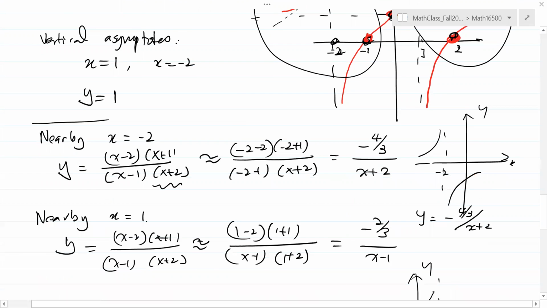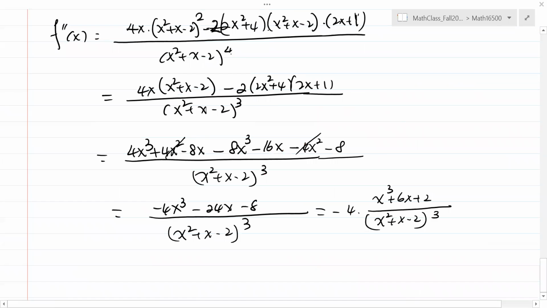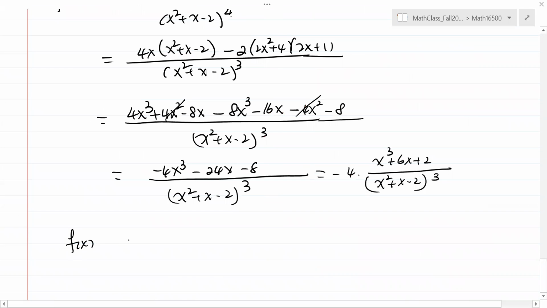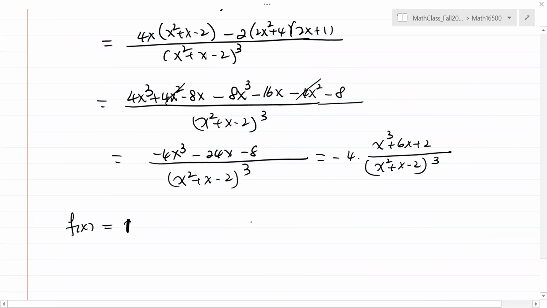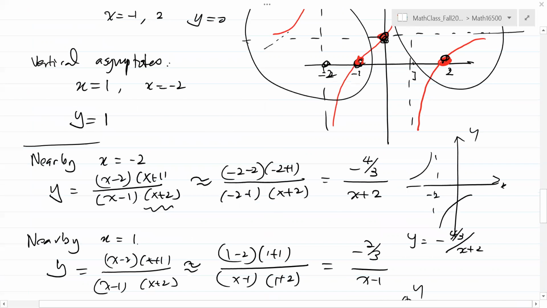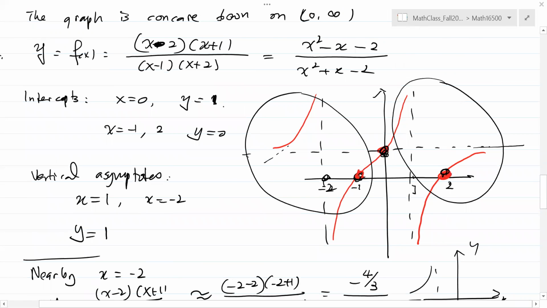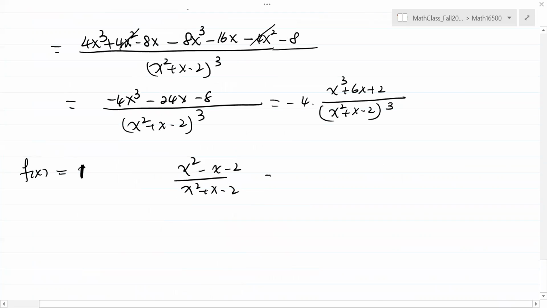all I have to do is see if this function equals 1, whether it has a solution. So it's x squared minus x minus 2 over x squared plus x minus 2, and that is going to be 1.